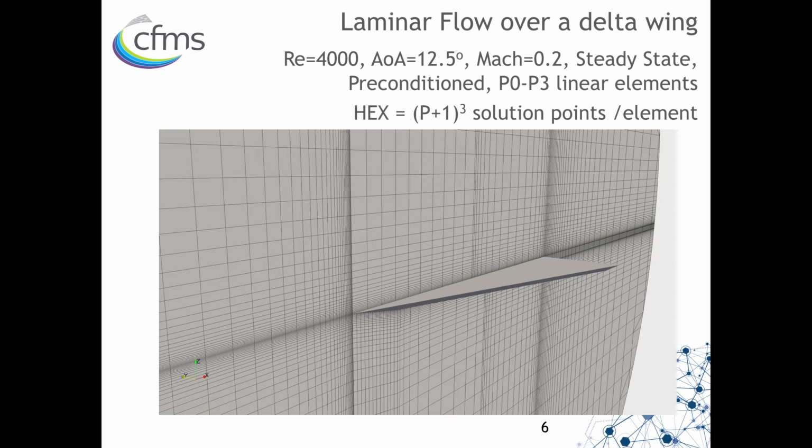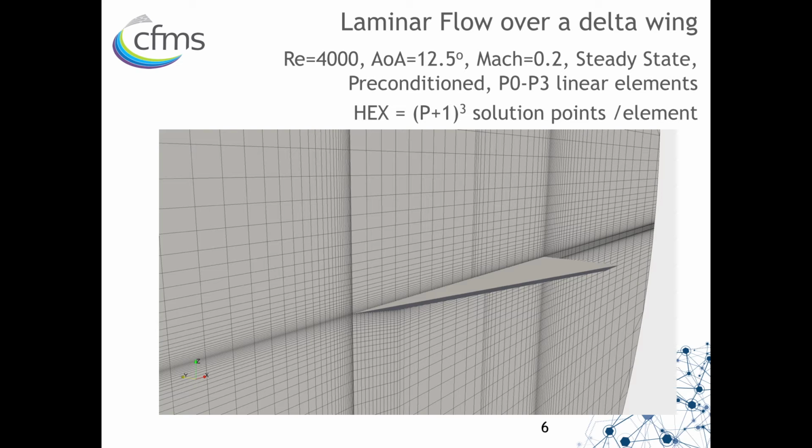It's quite a high angle of attack, 12.5 degrees, and we'll be running this using a steady state approach. This test case exhibits really strong flow features, and since the geometry of the delta wing consists of a sharp leading edge and a blunt trailing edge, as the flow passes the leading edge, it rolls up and generates a vortex together with a secondary one.